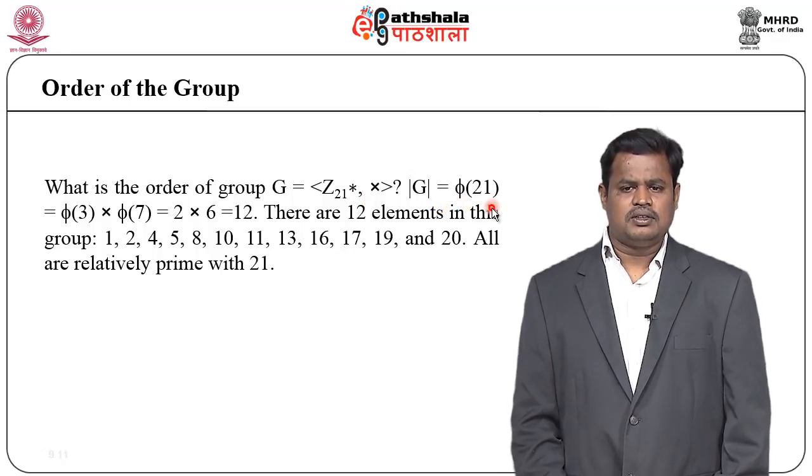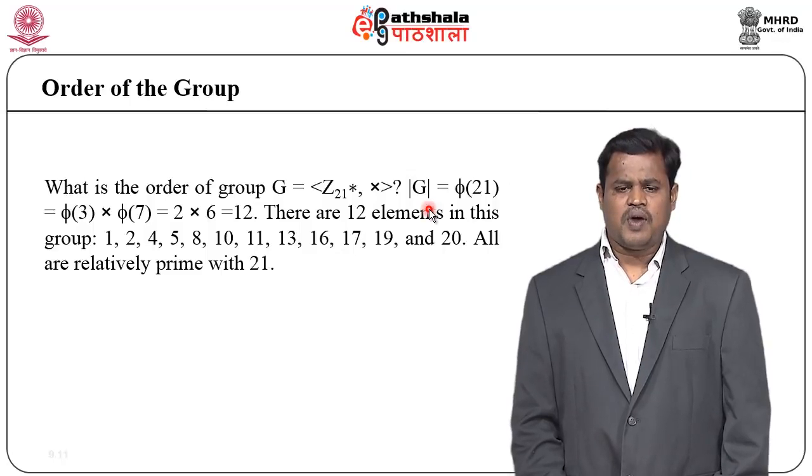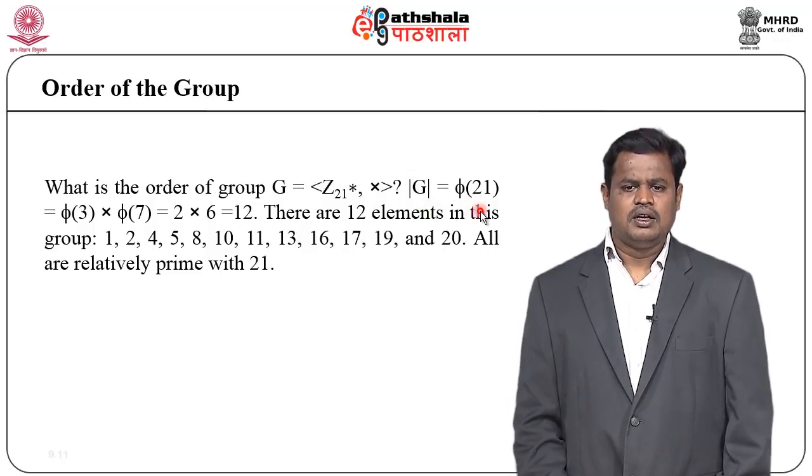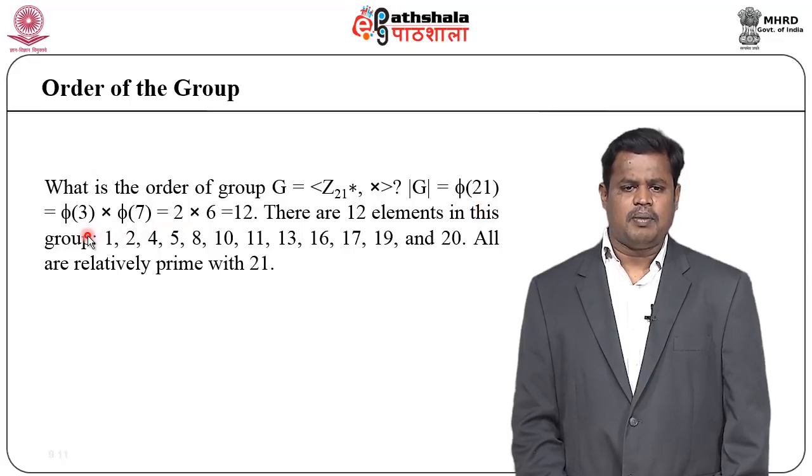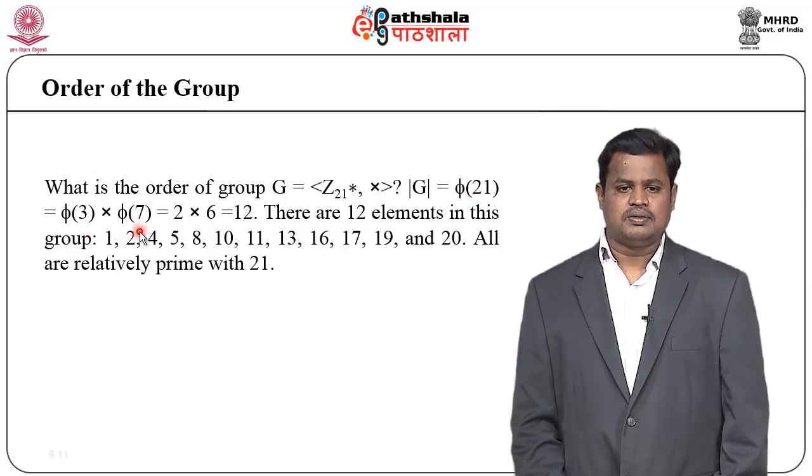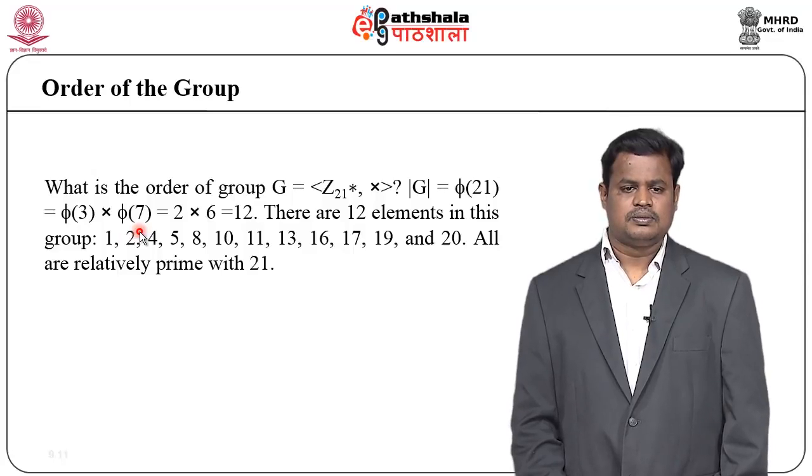phi of 21, with the help of the rules given for the Euler totient function. We know very well 21 can be factorized as 3 into 7. So, 3 into 7 we get 21. So, phi of 3 into phi of 7, that means this is a prime number, and this is another prime number.